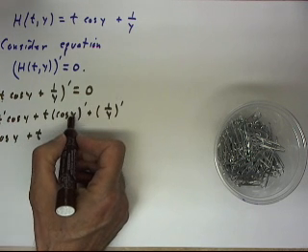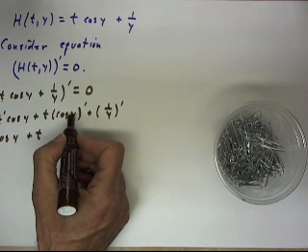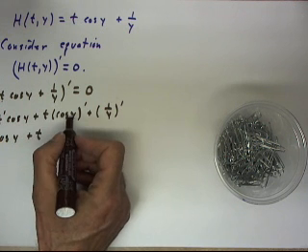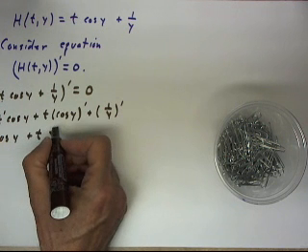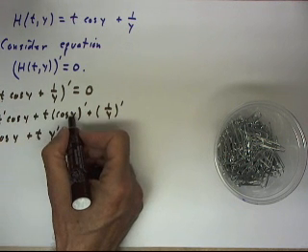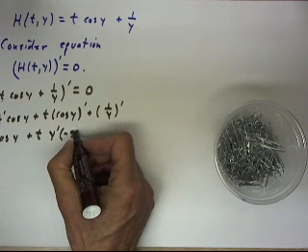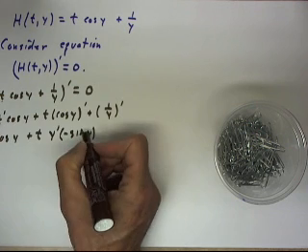Now the prime indicates derivative with respect to t, so y itself is a function of t, so for taking the derivative with respect to t, we have to have the derivative of the inner function, y', out in front here, times negative sine of y.